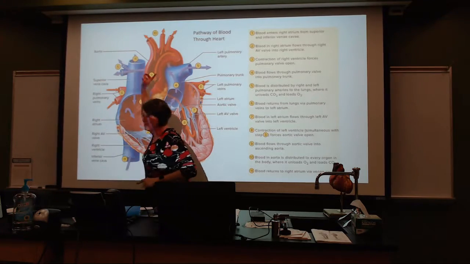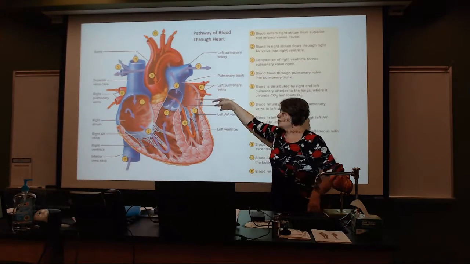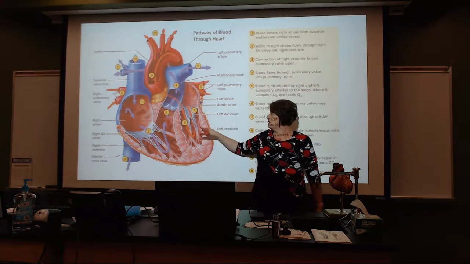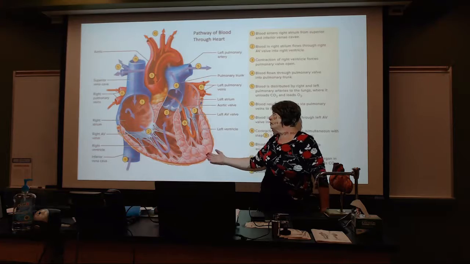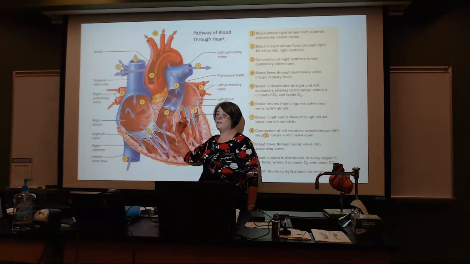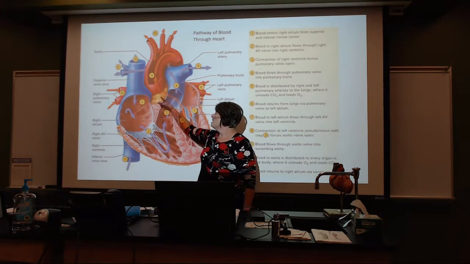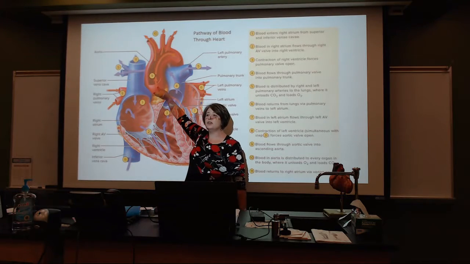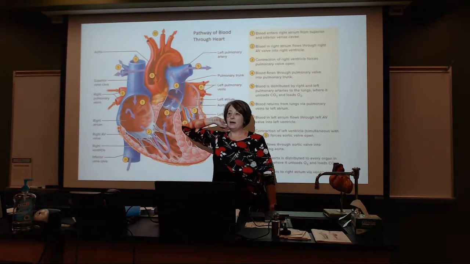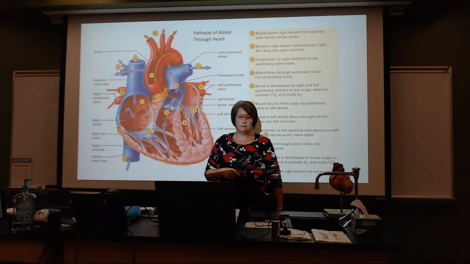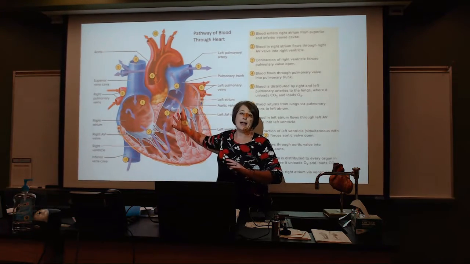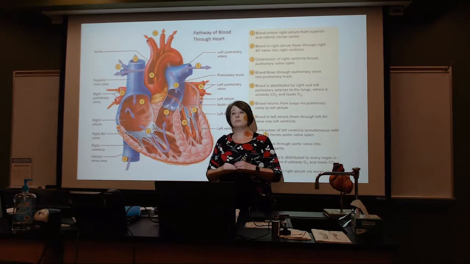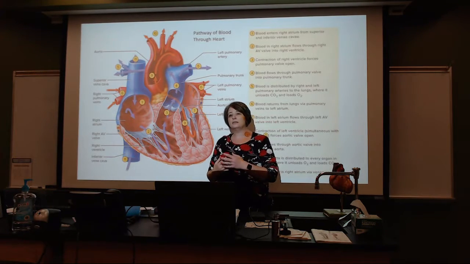Once the blood comes from the pulmonary circuit to the left atria, it goes to the left ventricle. From the left ventricle, they're trying to show the little pathway for the arteries. It goes into the aorta for my systemic circuit. So just once again, looking back at this circulation of the blood in the heart.